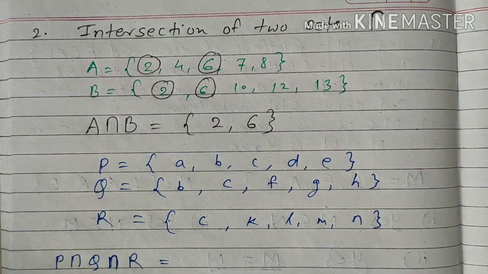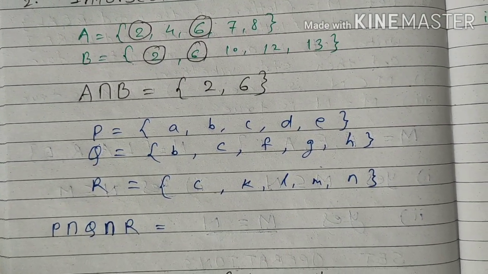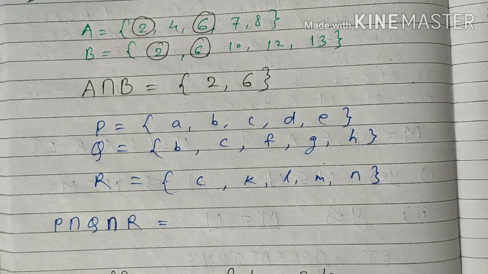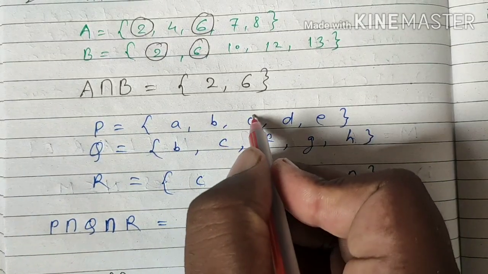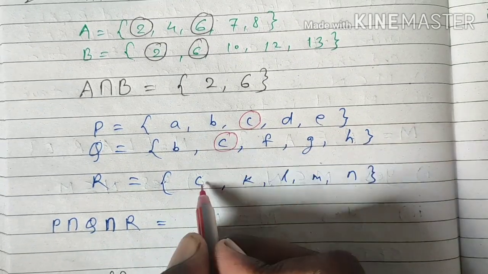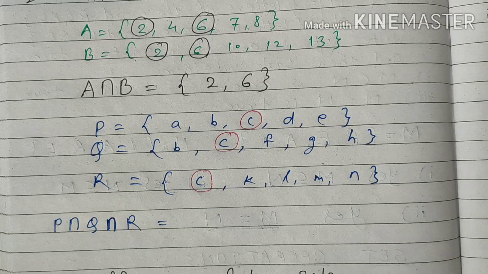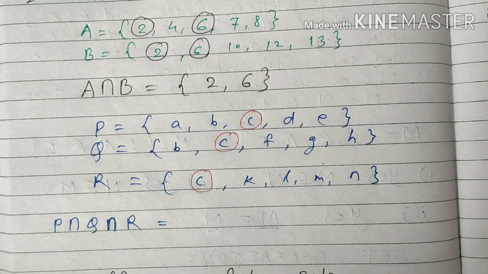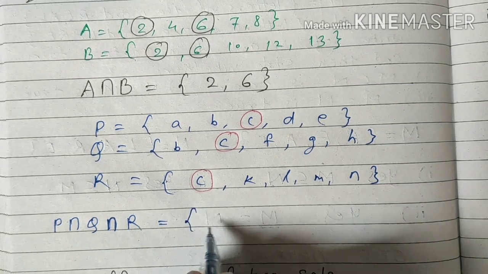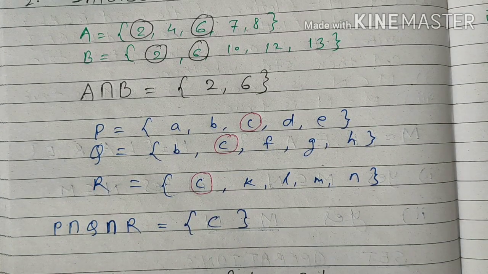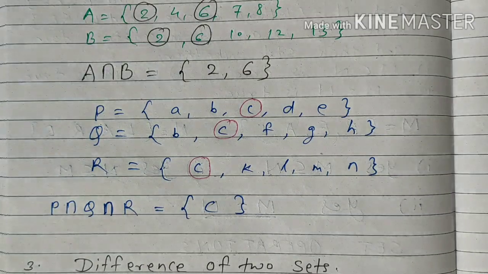Intersection of the three sets means the element which is common between all three. So tell me which element is common in all three. See, C is present in all three sets. Is there any other element common between all three sets? No, there is only one element, right? So we can say that C is the final intersection set of these three sets. Okay, understood everyone?